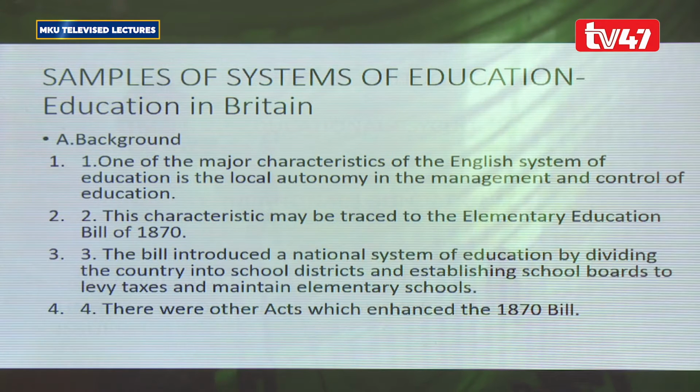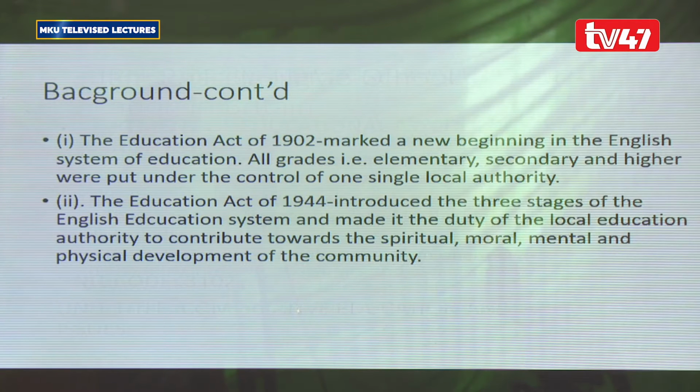There were other acts which enhanced this bill. For instance, we have the Education Act of 1902, which marked a new beginning in the English system of education. According to this act, all grades, i.e. elementary, primary, and secondary, were put under the control of one single local authority.